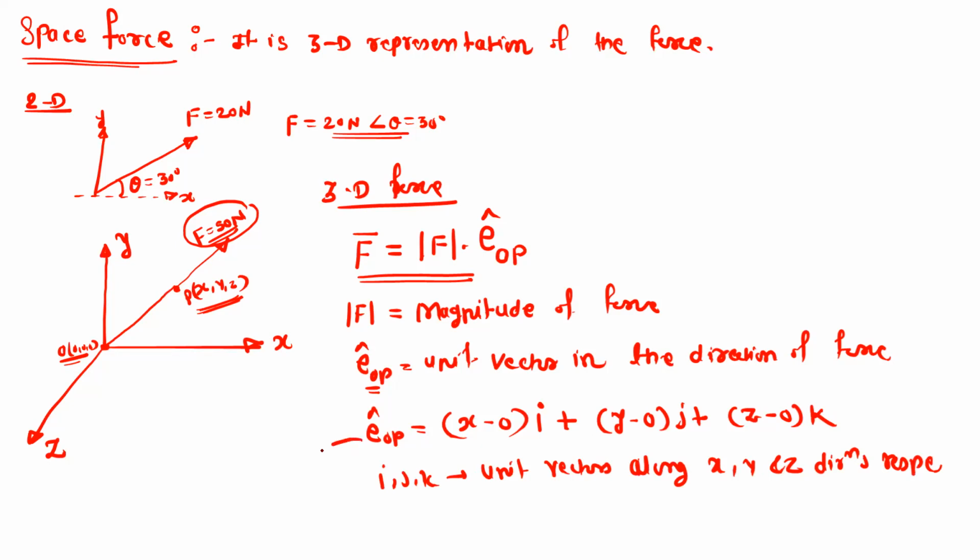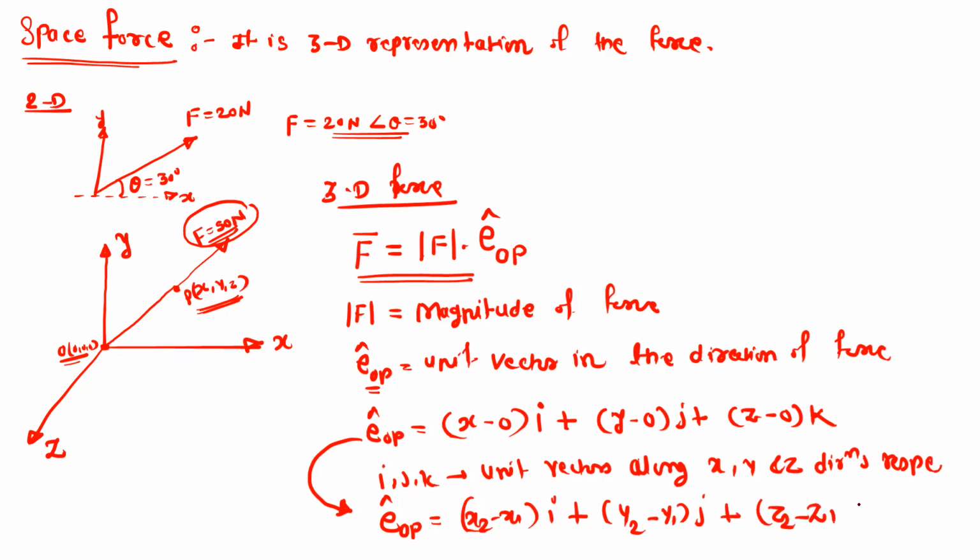So the general formula for this unit vector along the direction of force. So this is E cap. This is given by x2 minus x1 into unit vector i plus y2 minus y1 into unit vector j plus z2 minus z1 into unit vector k. So this is the general formula. So what is x2 and x1?